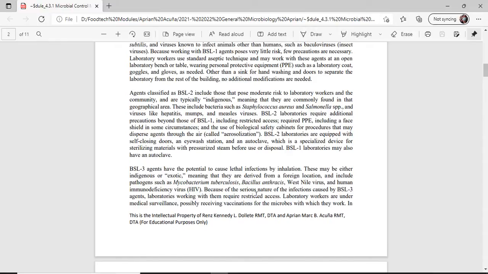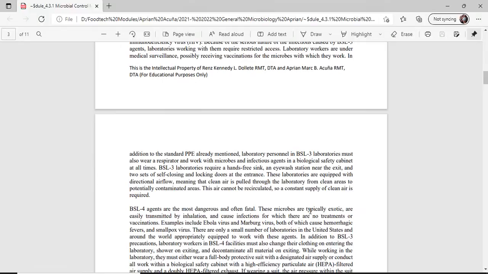Now, because of the serious nature of infections caused by BSL-3 agents, laboratories working with them require restricted access. Laboratory workers are under medical surveillance, possibly receiving vaccination for the microbes with which they work.